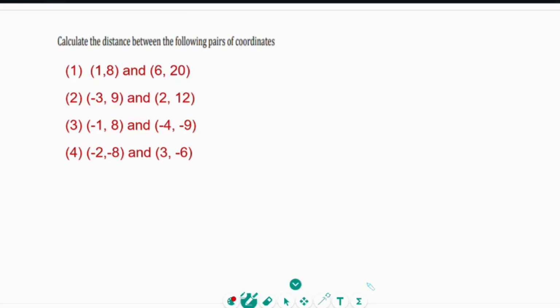Okay, so have a go at these 4 questions yourself. Calculate the distance between the following pairs of coordinates. Put me on pause and unpause when you're finished. Okay, so I have labelled up the coordinates. So for the first one, I need the square root of 1 minus 6 squared, add 8 minus 20 squared.